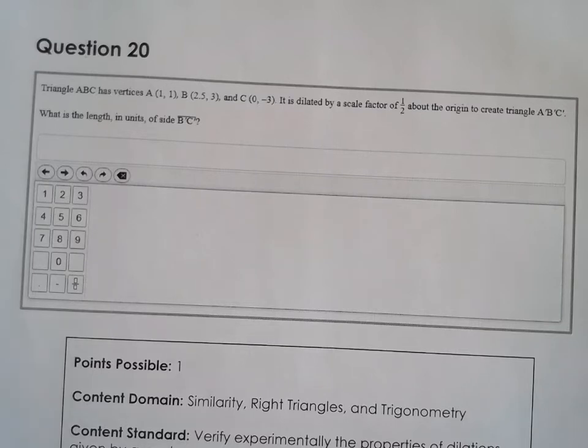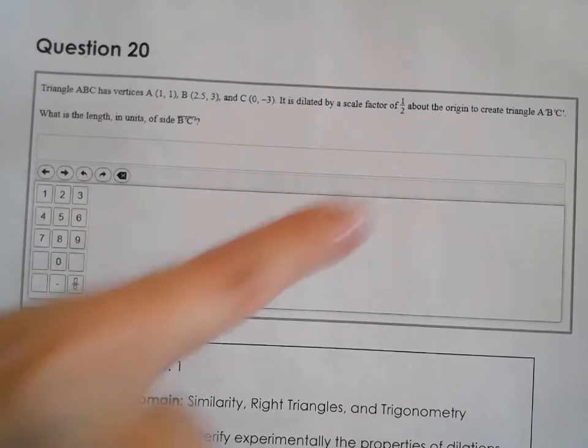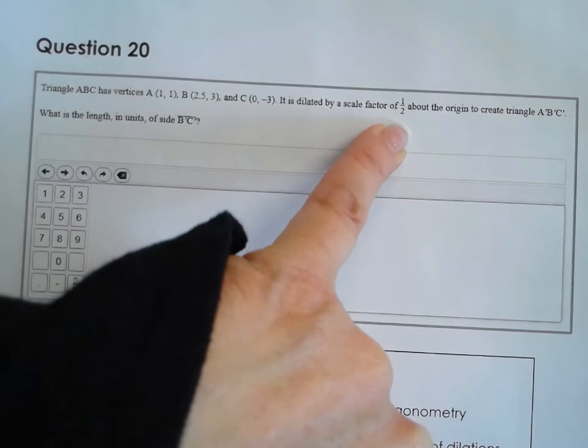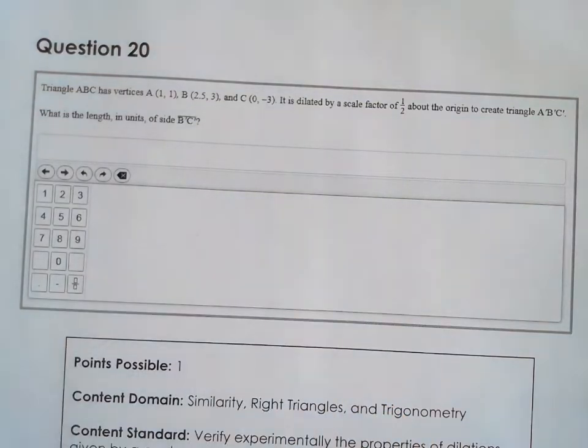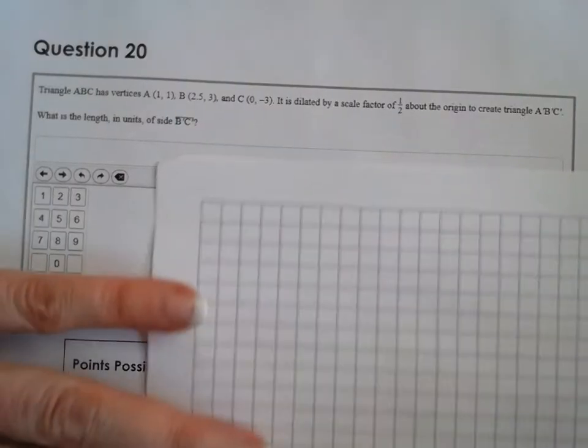So we have to do two things. We have to dilate it, and if it's a scale factor of 1/2, is it going to be bigger or smaller? Perfect. And then we have to find the distance of it. So I am going to plot my point.